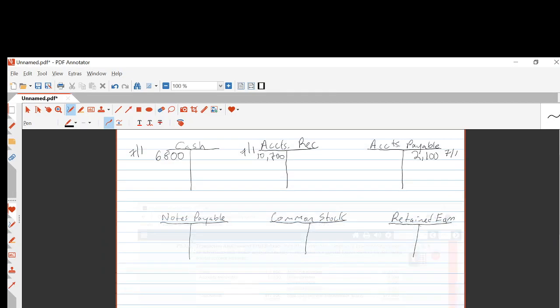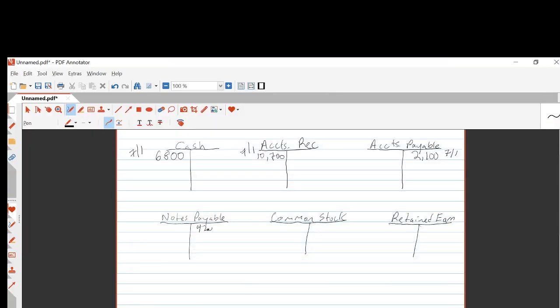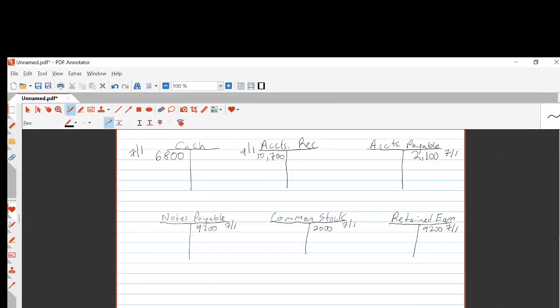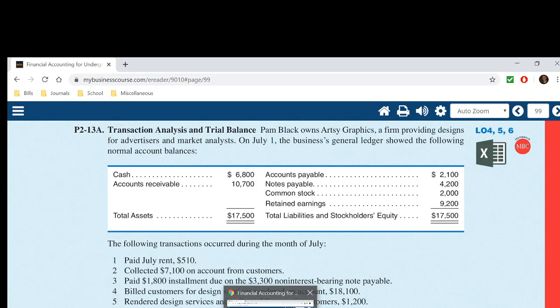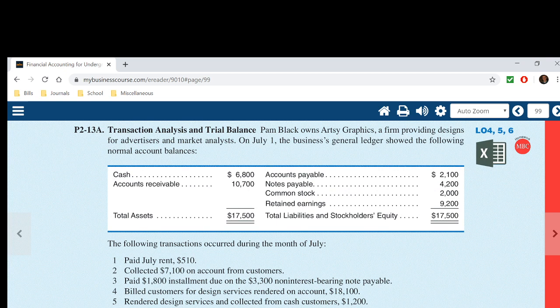Retained earnings, $9,200, credit balance. All right, so that's what we have as of July 1st. The sum of the debit balances equals the sum of the credit balances, and the accounting equation is in balance. Total assets equal total liabilities plus total owner's equity.